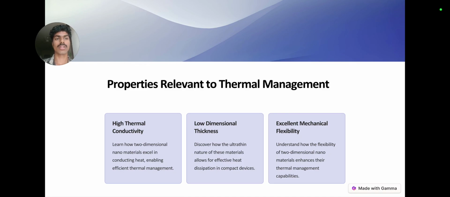Low dimensional thickness. Discover how the ultra thin nature of the materials allows for effective heat dissipation in compact devices.